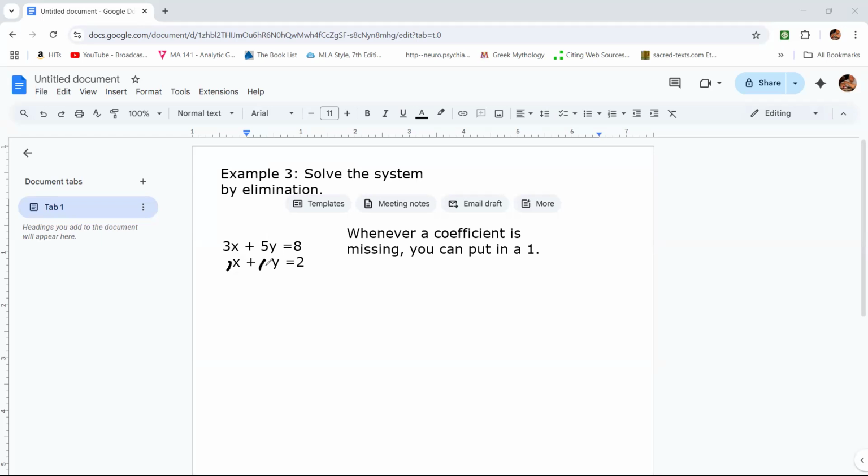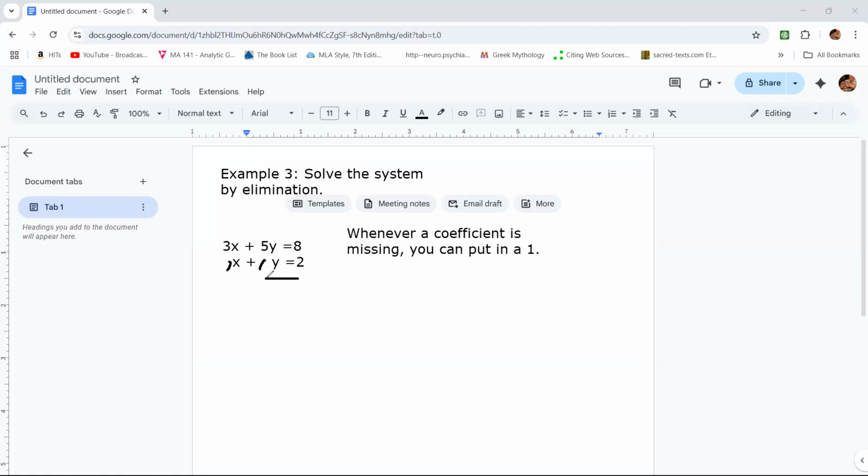Now, we know that elimination works by getting rid of the variables. This example is a little harder because if we were to just combine right now, we wouldn't be able to eliminate anything.